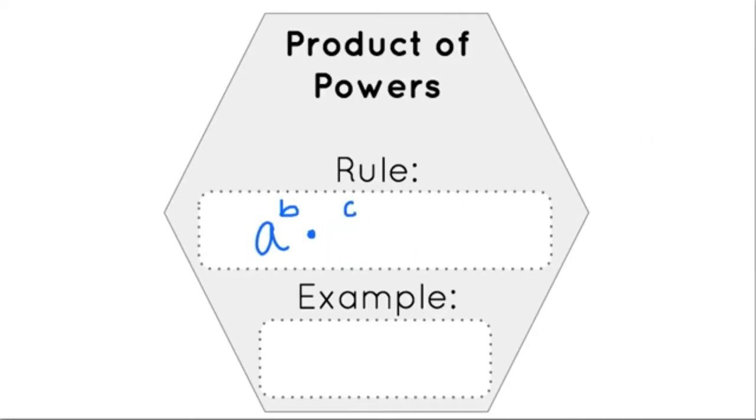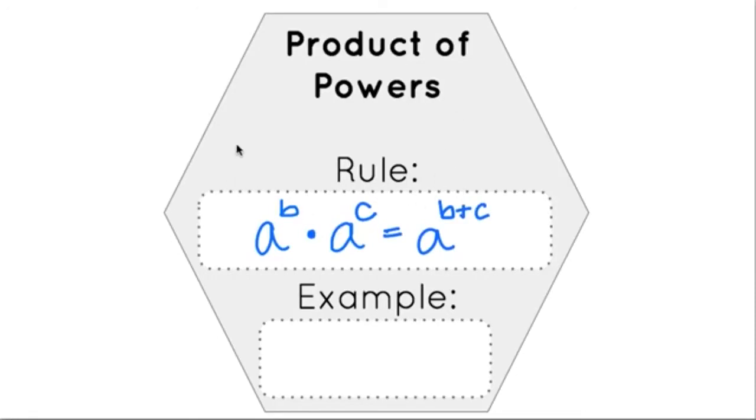Now the thing about these properties, don't forget that we're looking for a common base. So for each of these properties, the base has to be the same for these rules to work. So if I have a to the b times a to the c, that equals a to the b plus c.